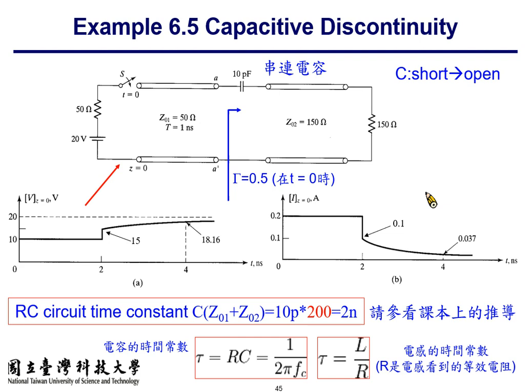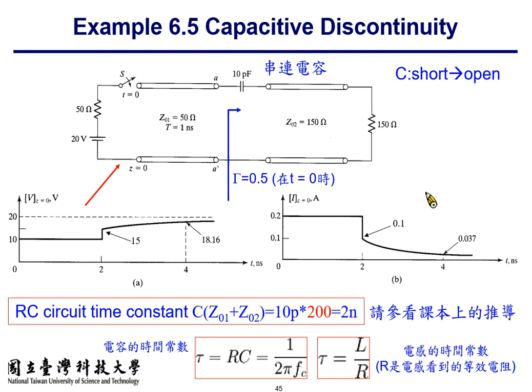You see Z sub 02, which is 150 ohm. If you look to the left, you see Z sub 01, which is 50 ohm, right? So what is the total resistance you see in the 10 picofarad capacitor?